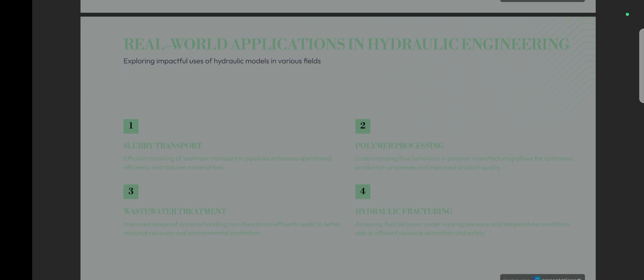Space fractional calculus offers a powerful tool for improving the accuracy of hydraulic engineering models.